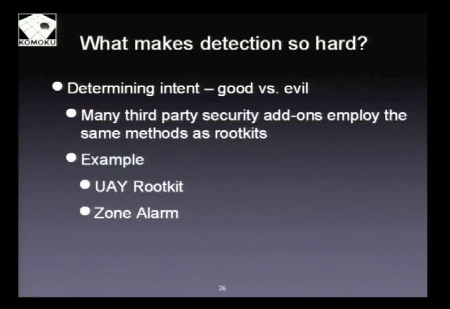So, all right. What makes detection so hard? Again, this goes back to asking the crazy person if they're crazy or not. When you have a rootkit on the system, you can't trust any answer that system is going to give you.